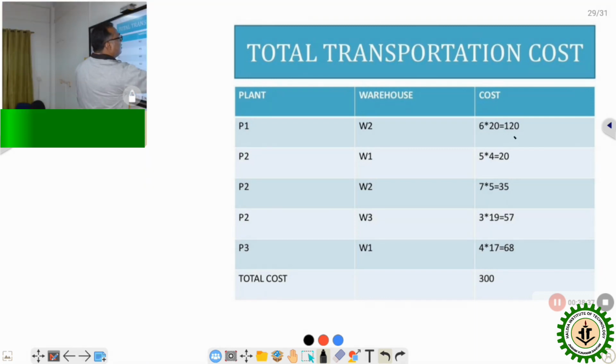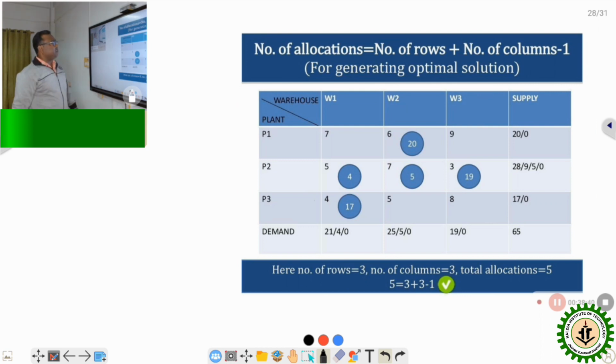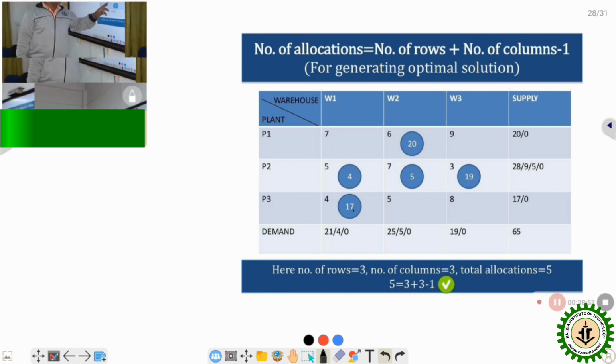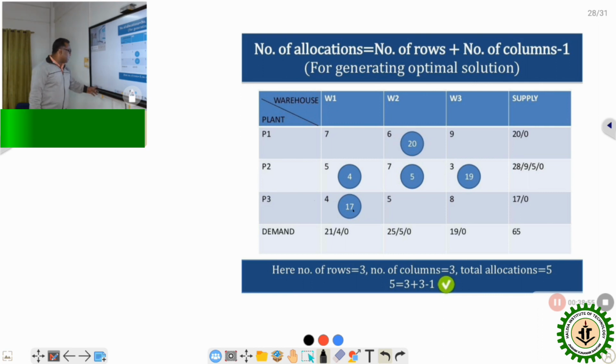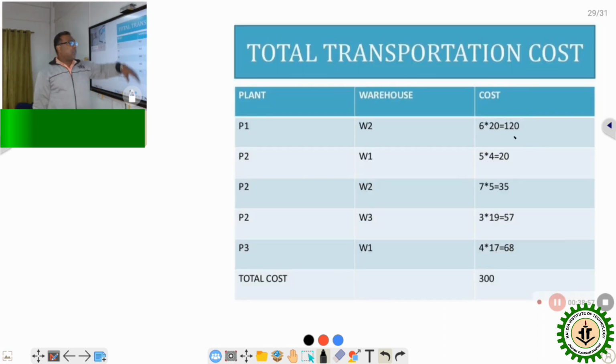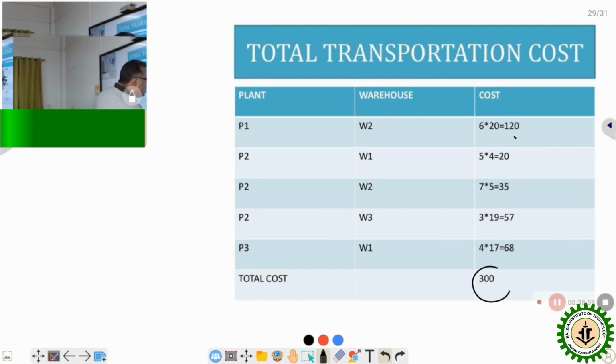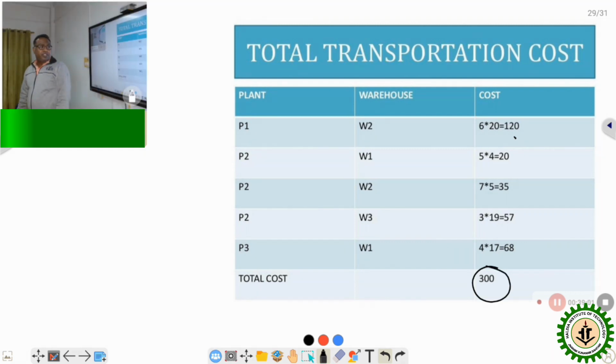Once again, you will see 20 units at the rate of rupees 6, 4 units at rupees 5, 5 units at rupees 7, 19 units at rupees 3 and 17 units at rupees 4. So that value we have found here, and the total cost we have seen is 300 rupees.